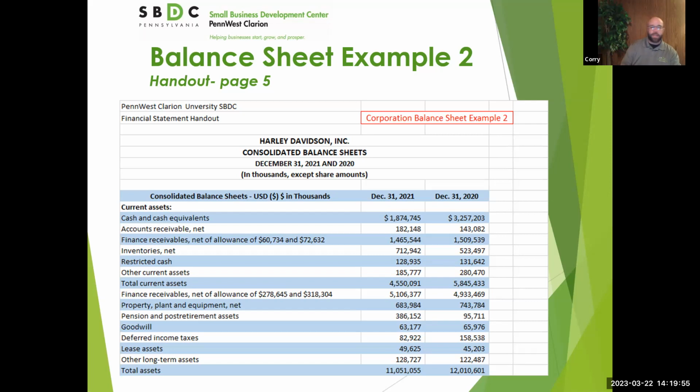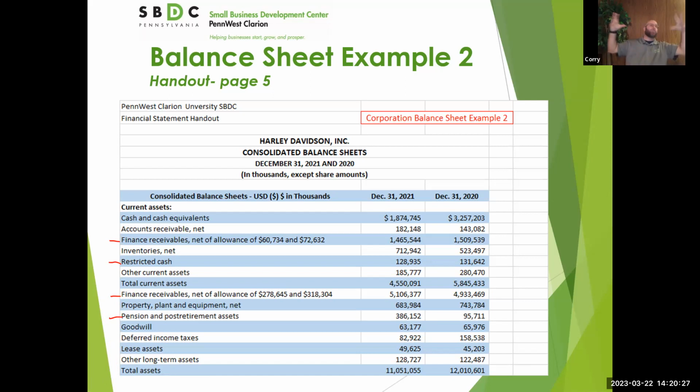This is going to be way more difficult than ours, but as we build upon it, and if you look at the handouts I gave you, they all look very similar to each other. This one has some accounts you're probably never going to deal with, such as finance receivables and restricted cash.